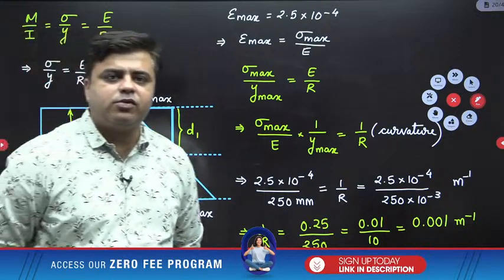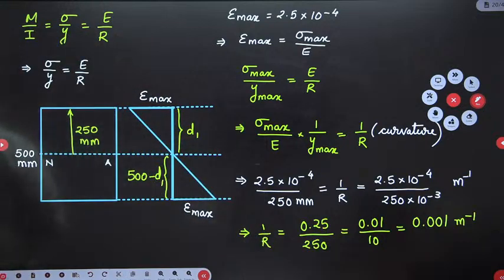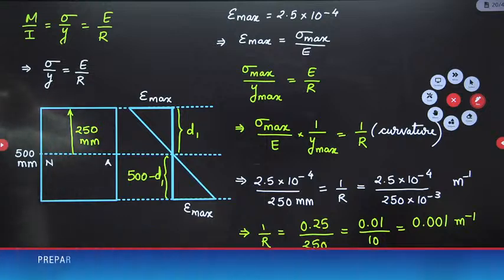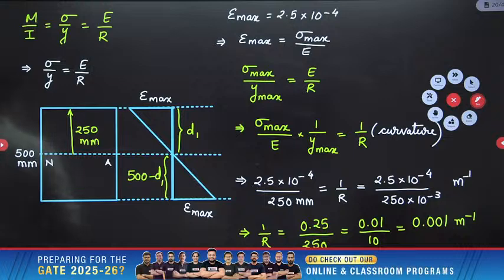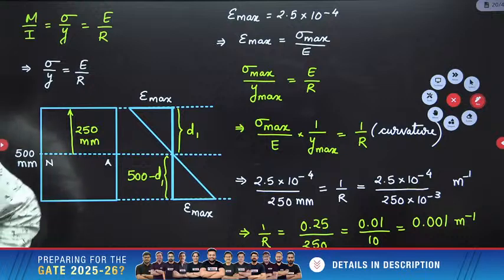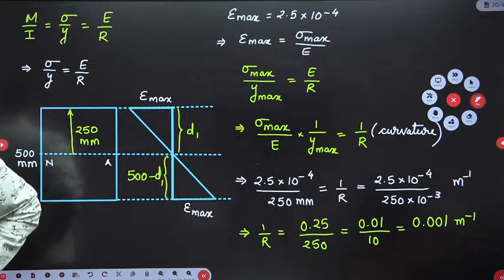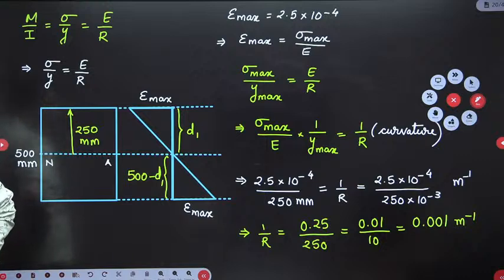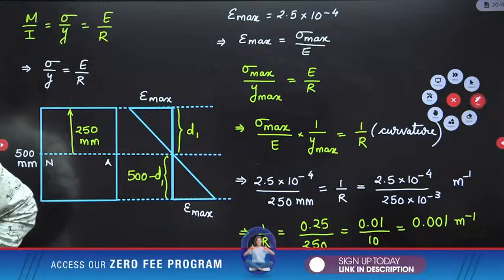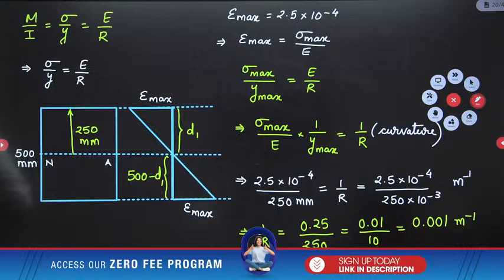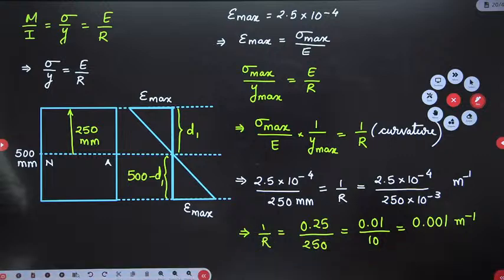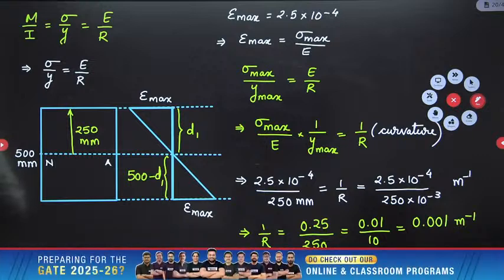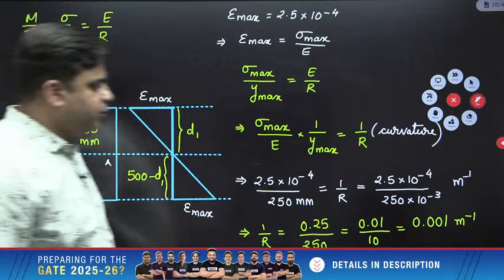Please confirm whether you are getting the same answer of curvature or not, 0.001 per meter. Yeah, so this will be 0.001 per meter.